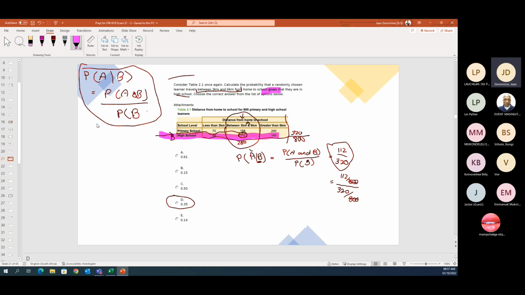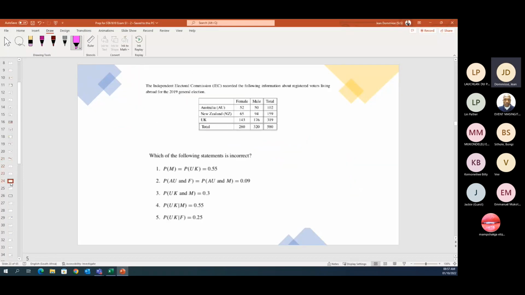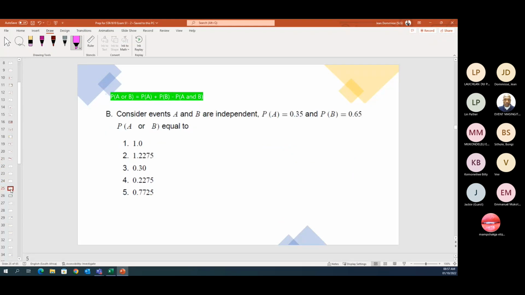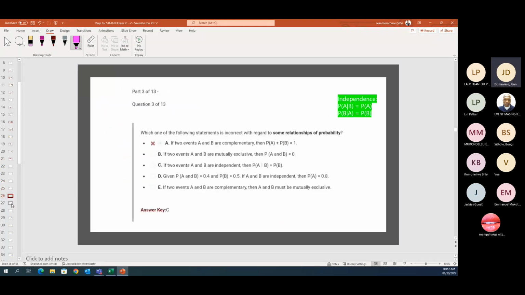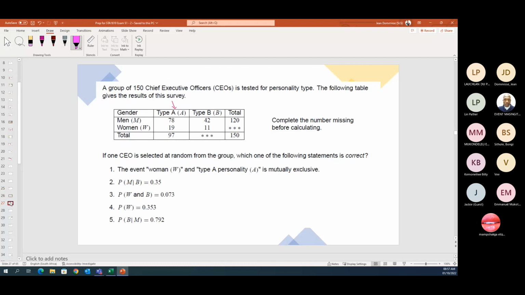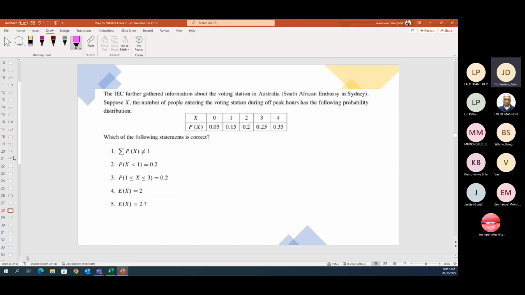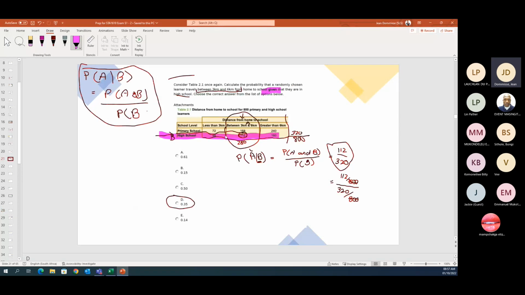They could also, instead of the numbers, give you the probabilities as well.